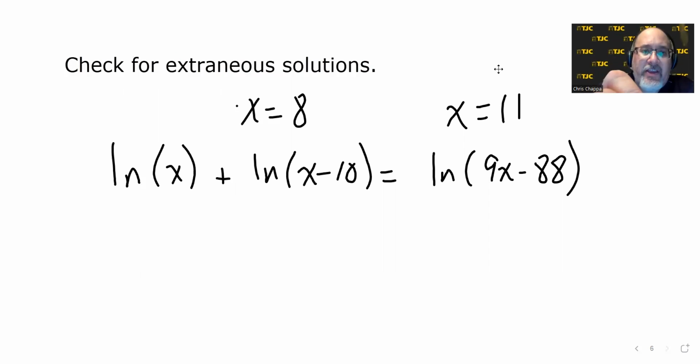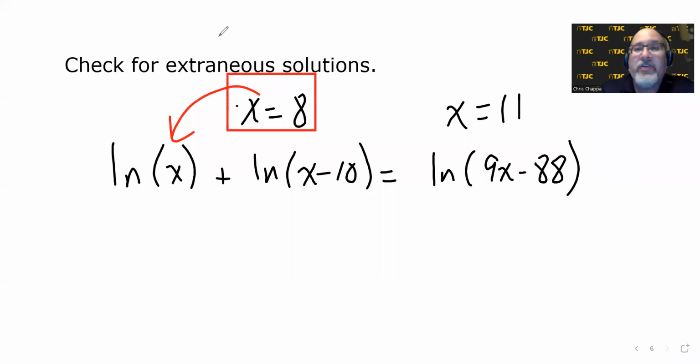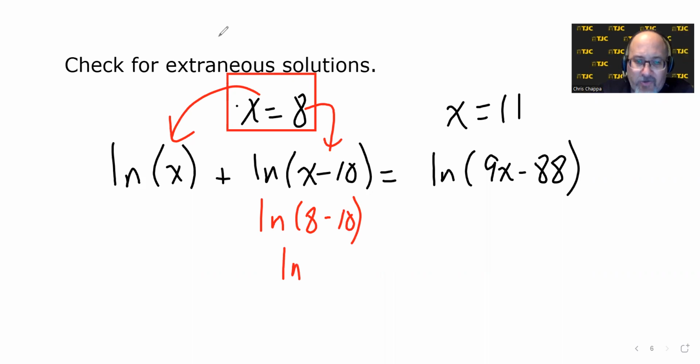Let's focus on the 8, which by itself is nice and positive. But what happens when I put that 8 here? Well, nothing. It stays an 8 and it stays positive, so it's okay there. But what happens when I put the 8 there? I get the natural log of 8 minus 10, which is the natural log of negative 2. That 8 is not negative, but it makes one of the original log's arguments negative, and that's enough to throw it away.